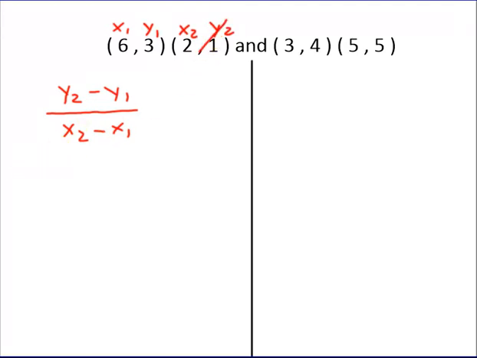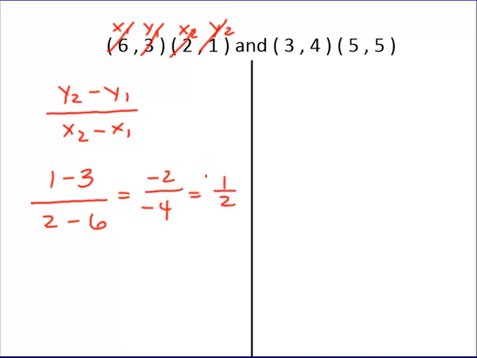So my y2 is 1 minus my y1 is 3 over my x2 is 2 minus, and my x1 is 6. All right, 1 minus 3 is -2. 2 minus 6 is -4. Negative divided by a negative is a positive, and 2 over 4 is going to be 1/2.